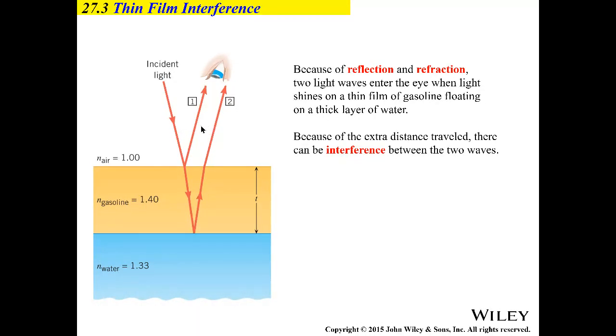But now when this ray goes into a denser medium and then gets reflected off a less dense medium, because gasoline's index of refraction is 1.4 and water's is only 1.3, when it's reflected off an interface where the other side is less dense, then there is no 180-degree phase change. It just keeps whatever your original phase was.